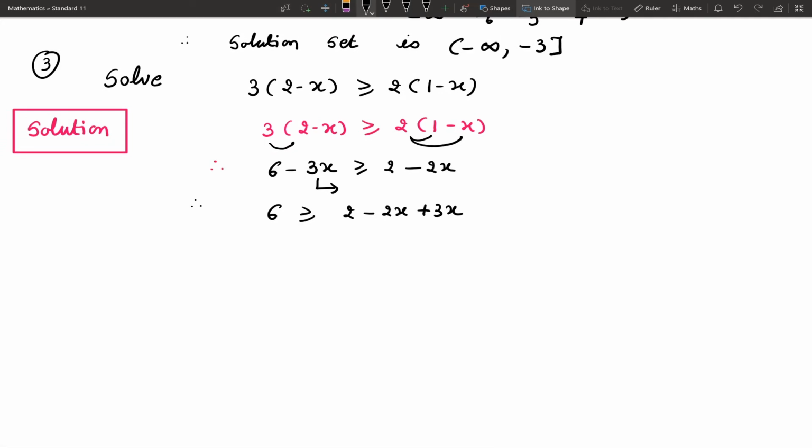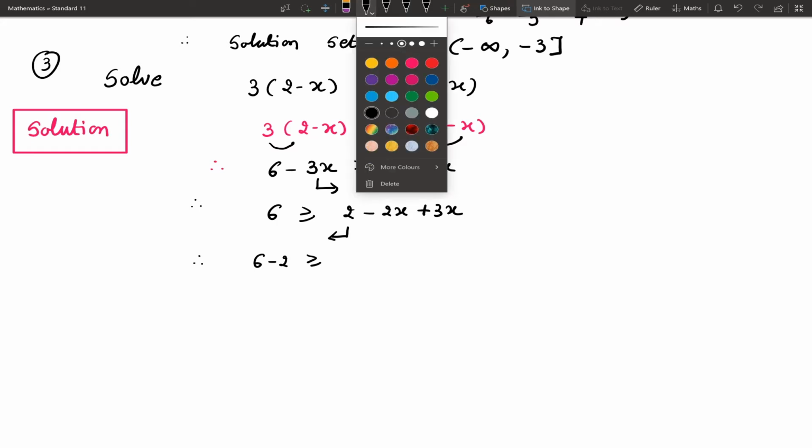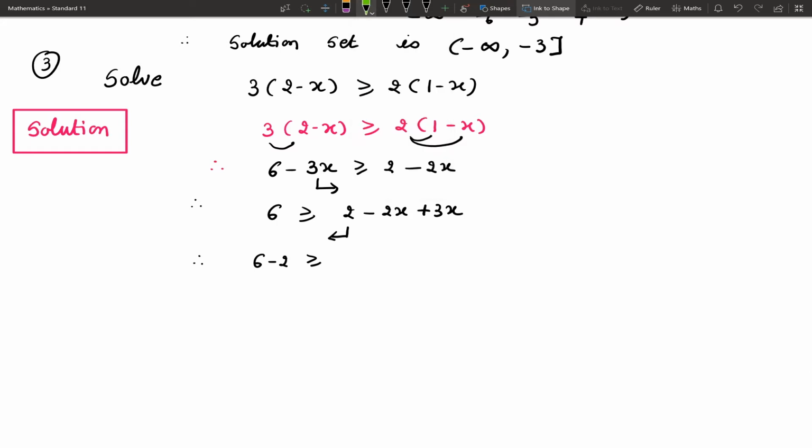Now transfer this to the left hand side, so it will change sign. So 6 minus 2 greater than or equal to 3x minus 2x, that is x. So 6 minus 2, that is 4, greater than or equal to x.